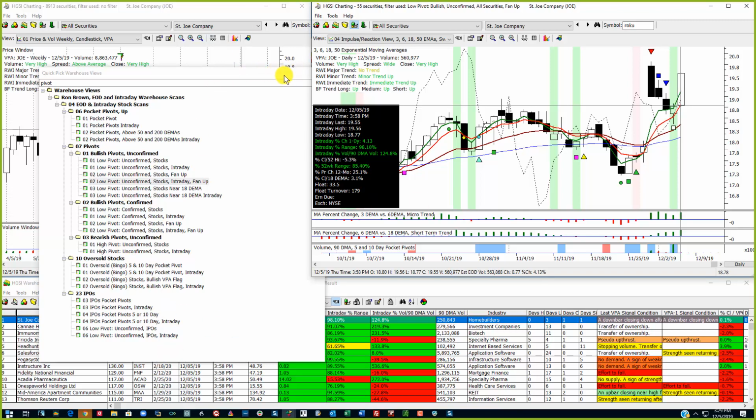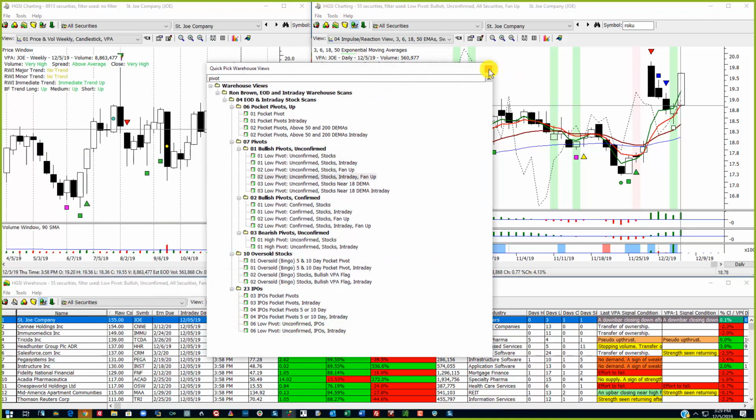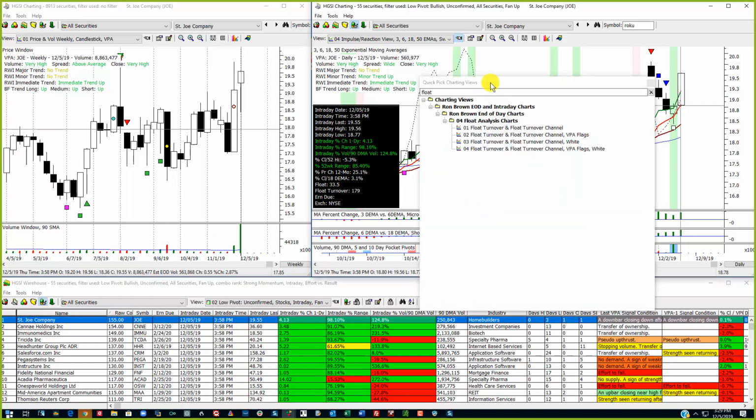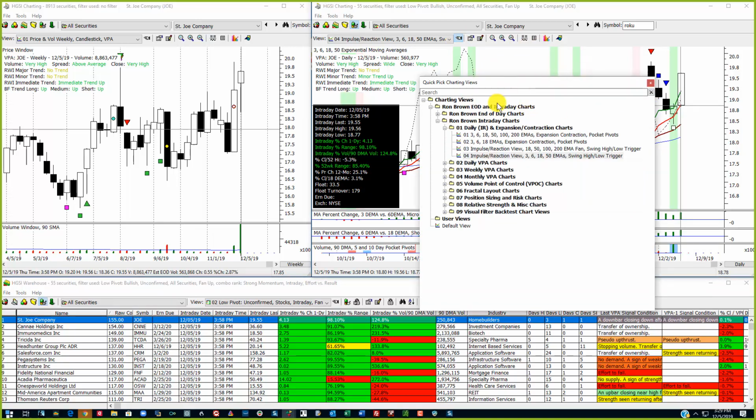Let me show you this. I'm just going to clear this out. If you go down here to this position sizing and risk charts, there's a risk chart for long trades, a risk chart for short trades, and this is position sizing.